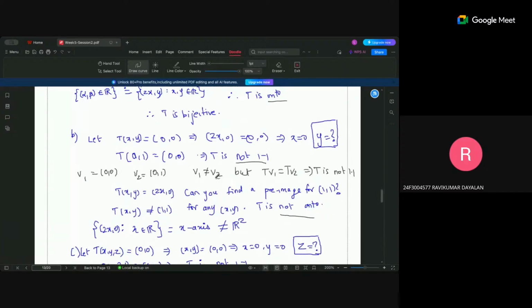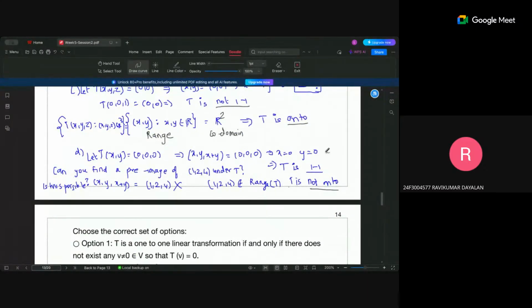The one to one. I know that x equals 0, y equals 0. The fourth option, ma'am. From x equal to 0, y equal to 0, till that part I understand. After that, how are we saying it is one to one? Oh, see, for one to one, what do we need to show? T of V equal to 0 implies V is equal to 0. This is the condition for one to one.